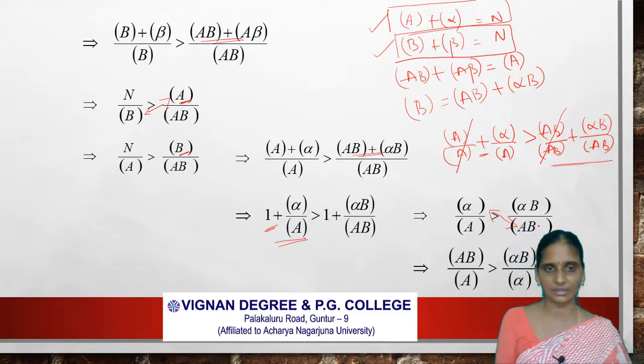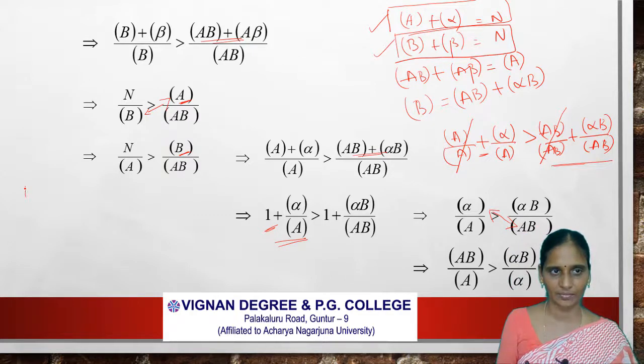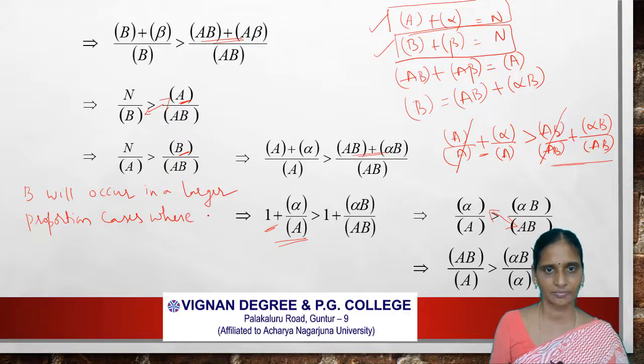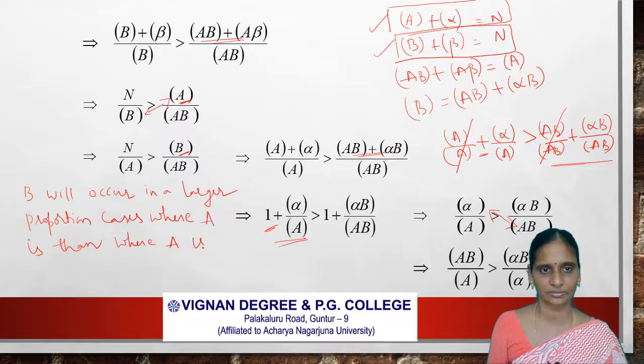So this means B will occur in a larger proportion of the cases where A is than where A is not.